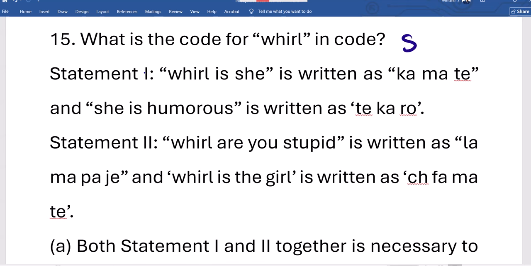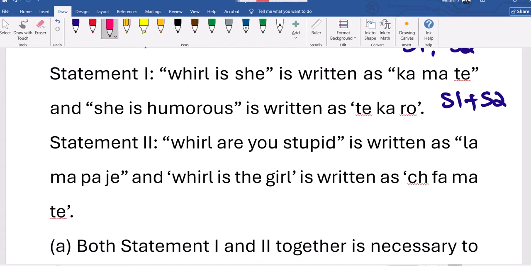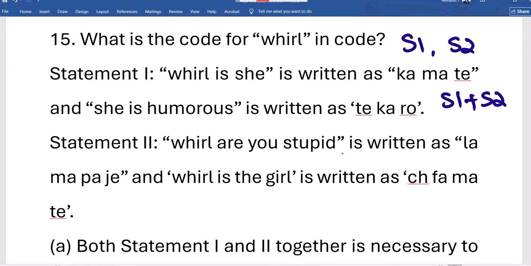Always we should try one alone, two alone, and only then go for together. Can you do one alone? Yes or no? One alone you can do, yes. So one alone we can do.